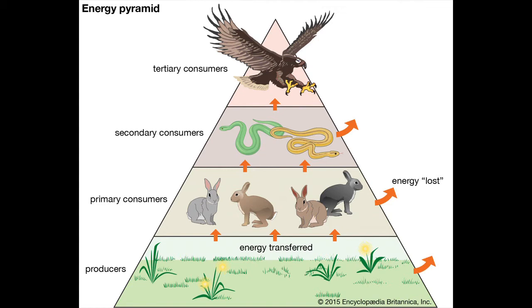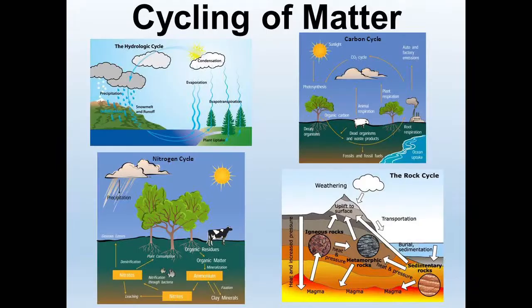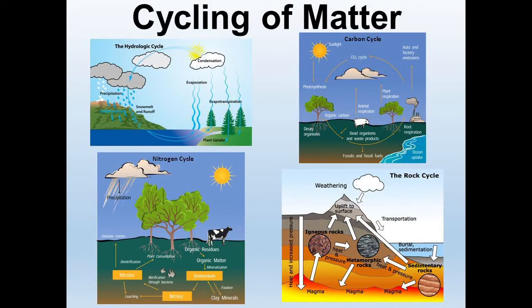Energy is lost, and some of it is transferred to the secondary consumers, the snakes, which also are being eaten by tertiary consumers, or our top carnivores, which is the eagle, which receives the least energy because energy is constantly being lost on each level and only 10% is transferred to the next trophic level. I hope energy pyramids and linking them to the food chain was clear because they're technically the same thing but just in more order. Now we're going to go to matter cycles.